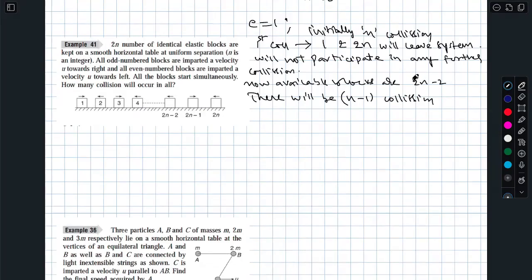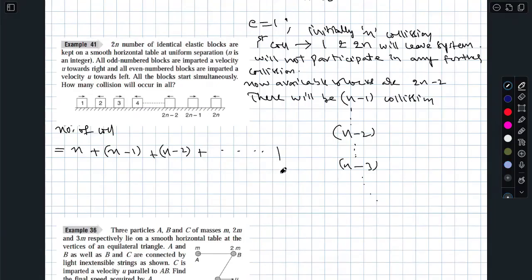Next n minus 1 collisions, and thereafter n minus 2, and thereafter n minus 3, and so on. So the number of collisions finally is n plus n minus 1 plus n minus 2 plus so on up to 1. This is nothing but the sum of the first n numbers: n into n minus 1 by 2.